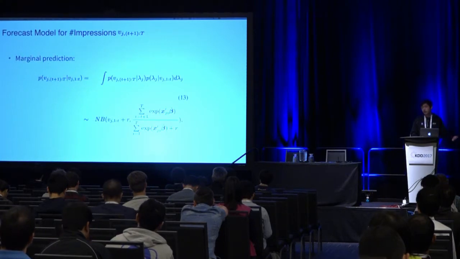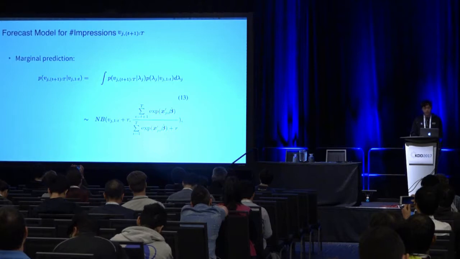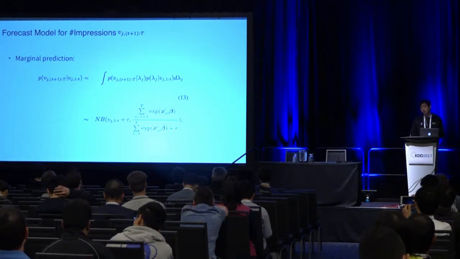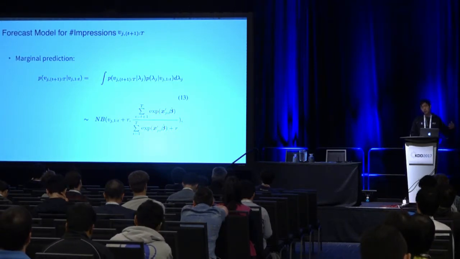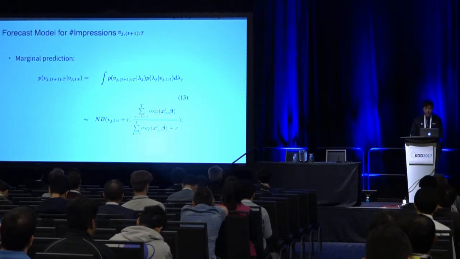You can even integrate lambda j out to make it a marginal prediction model, meaning that based on the number of impressions you have received so far, how many impressions you are going to receive in the future, which is a negative binomial distribution obtained by integrating out the rate of the Poisson model. These are some mathematical details.